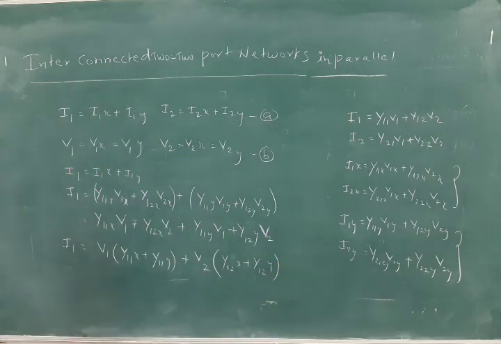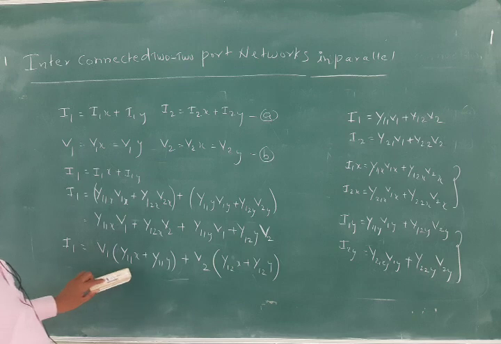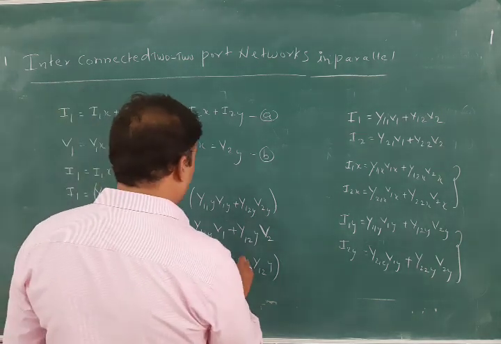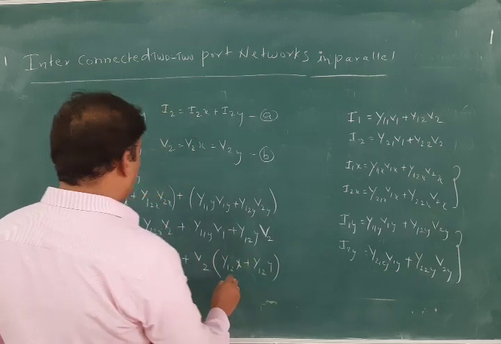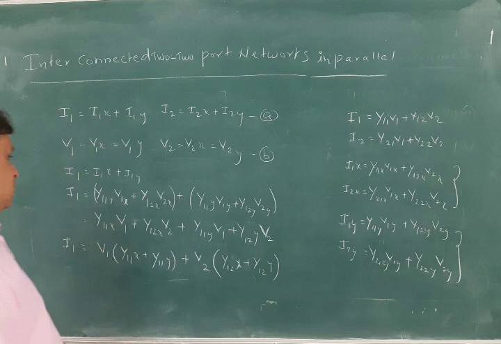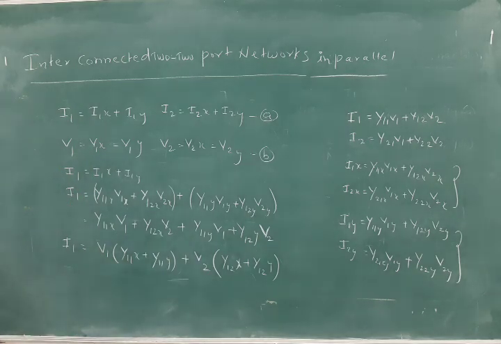So, if you see here, I1 is equal to V1 into Y11x plus Y11y, plus V2 into Y12x plus Y12y. If you compare these equations with the standard equation, what are the standard equations given?